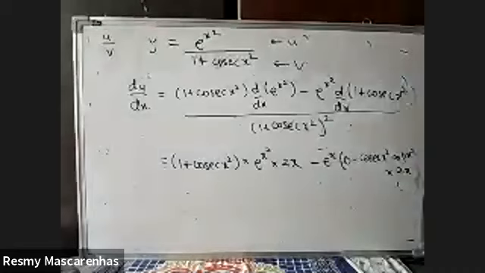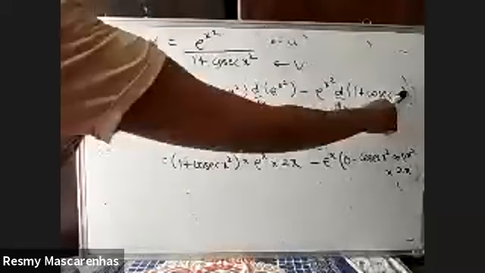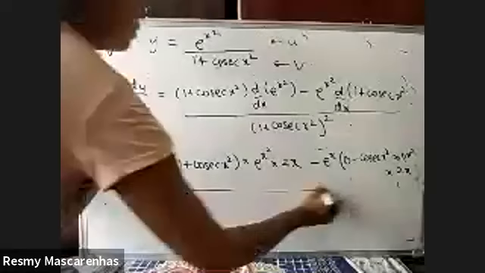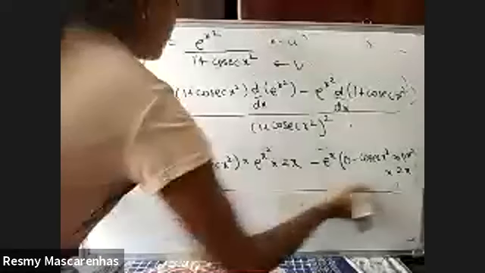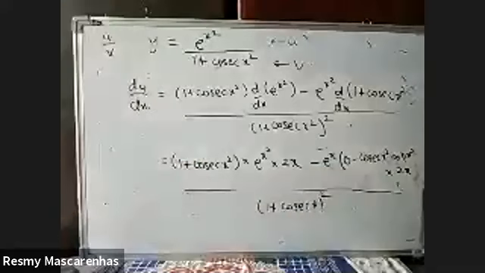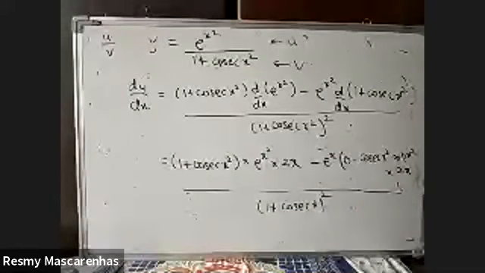Why? Because this was x square. Otherwise, it would be just x. So that would be your answer upon, nothing to do to the denominator. Keep it like this only. So this is how it is to be done if there are composite functions. Yes, so go on differentiating till you end up with the last part.